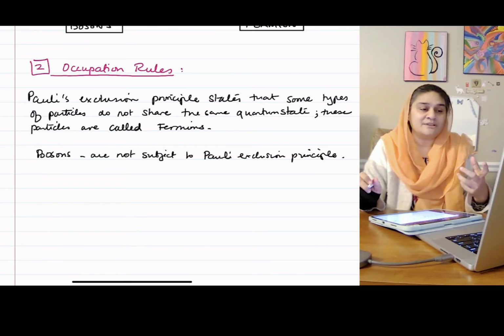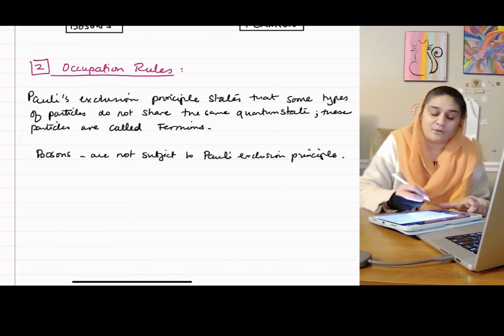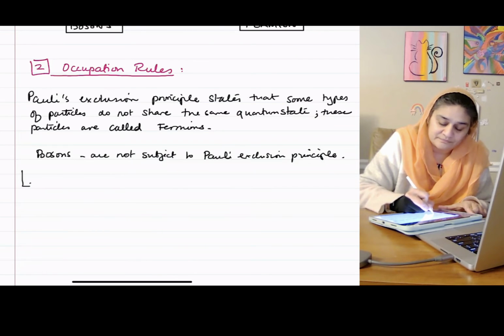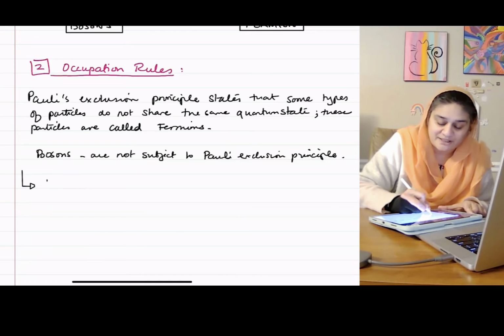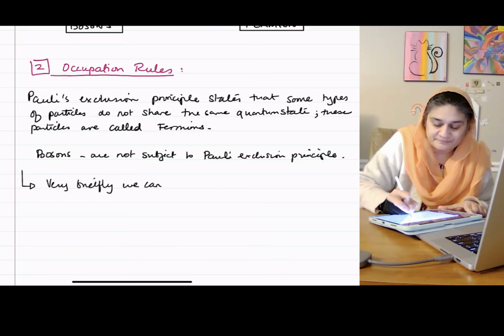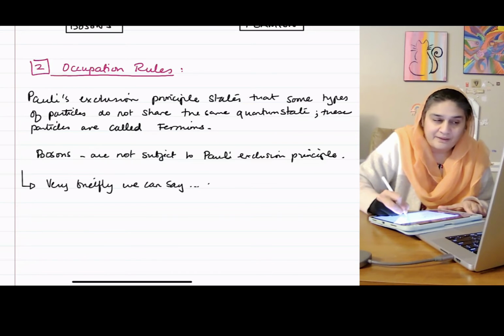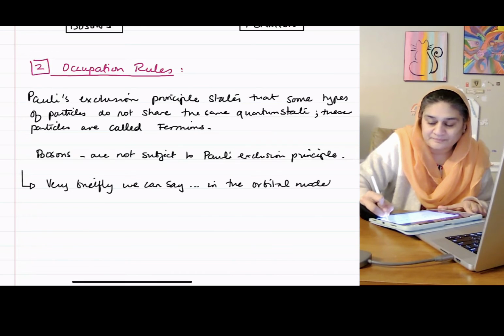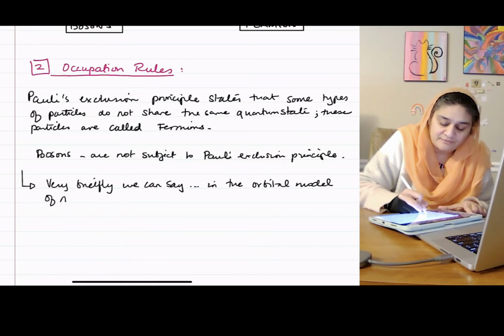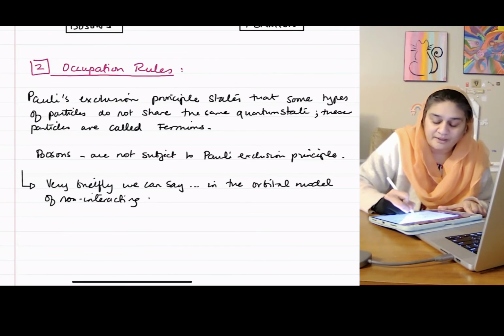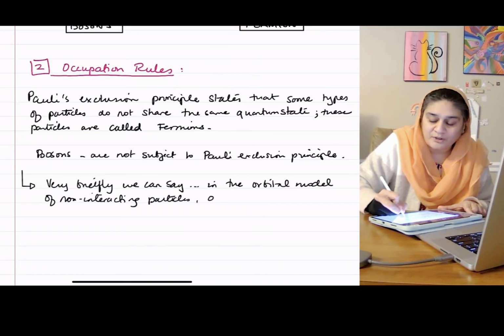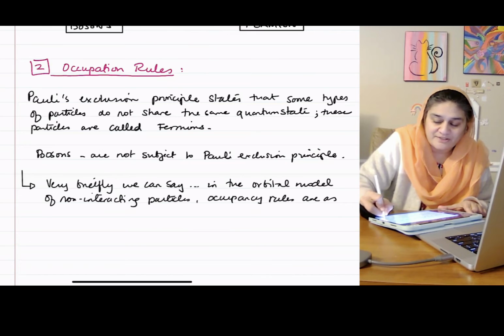So in other words, very briefly, we can say in the orbital model of non-interacting particles, occupancy rules are as follows.